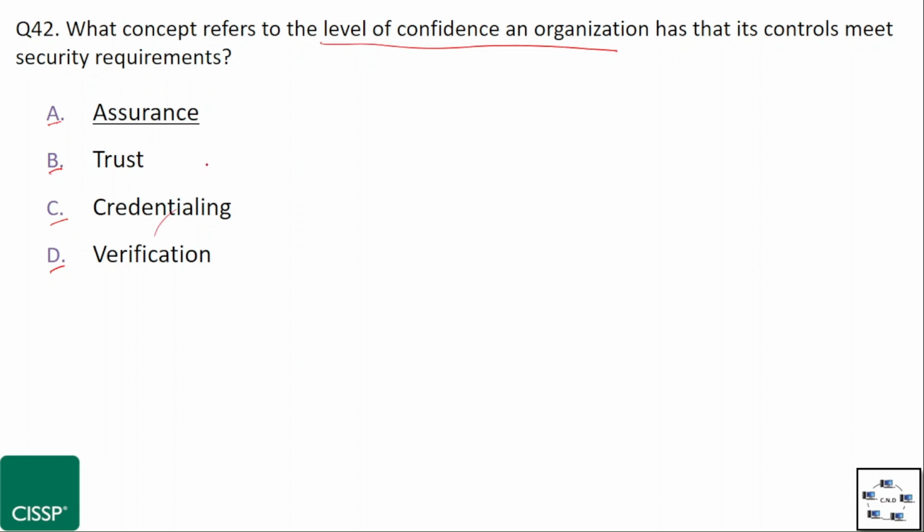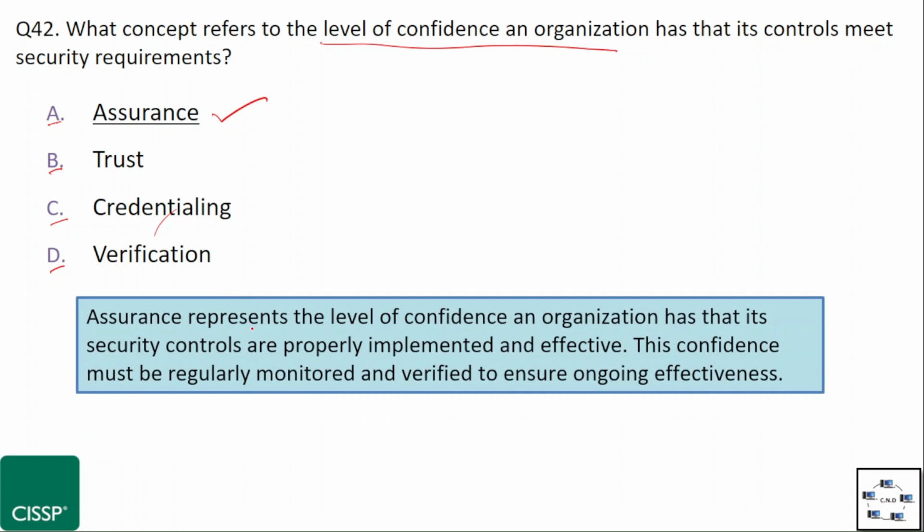And the correct option is option A, assurance. Assurance represents the level of confidence an organization has that its security controls are properly implemented and effective. This confidence must be regularly monitored and verified to ensure ongoing effectiveness.